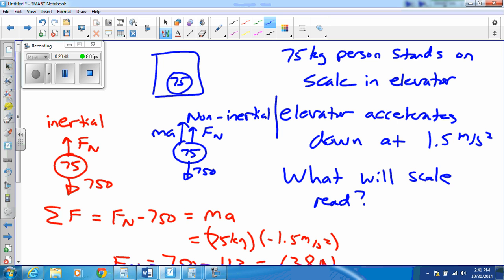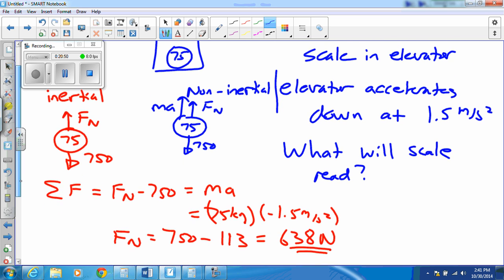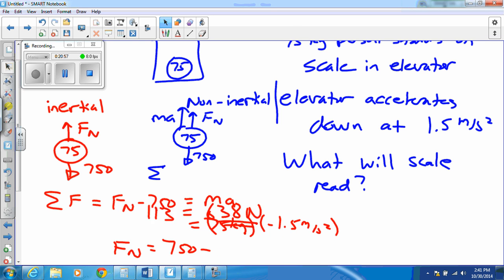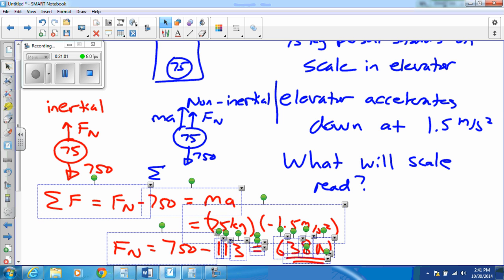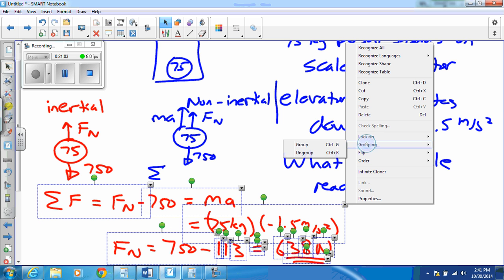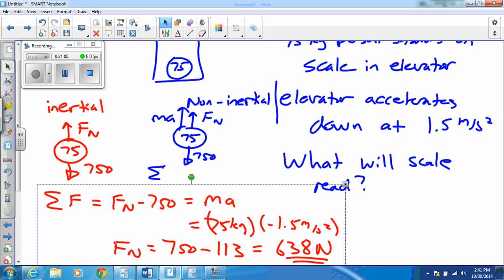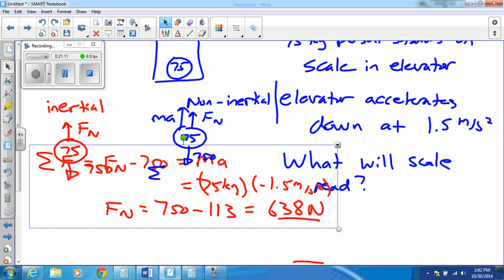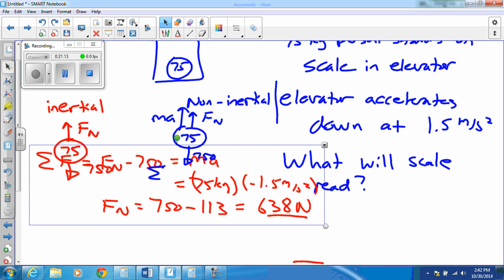Right. And so what value does it have? Well, it has a value of 113 newtons. And so now when I do sum of forces, let me get this out of the way here. There we go.